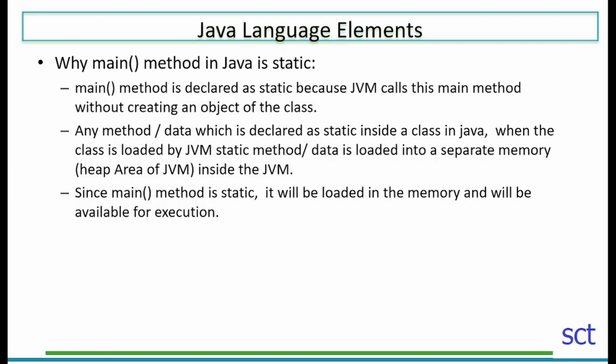And we have seen the internals of JVM before in the previous videos. In that memory area we had an area called the heap area. In that heap area, all the static variables or methods will be loaded there.